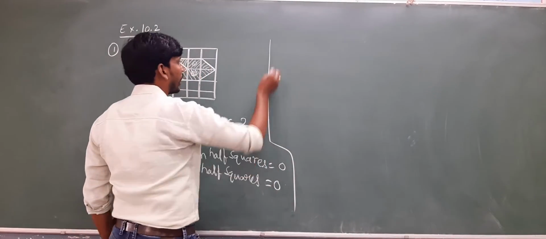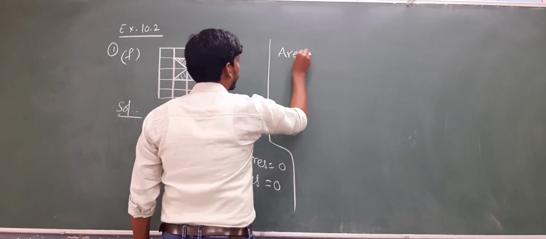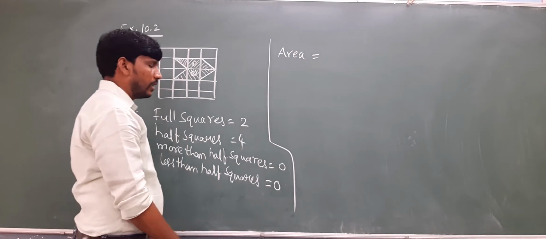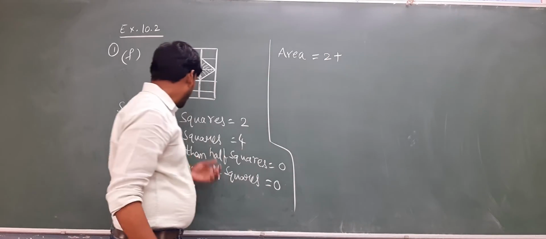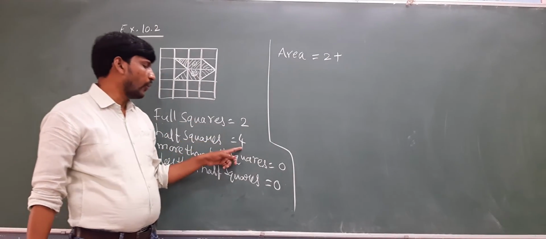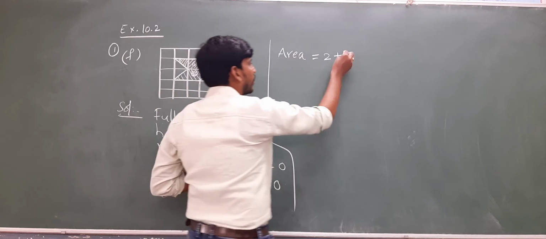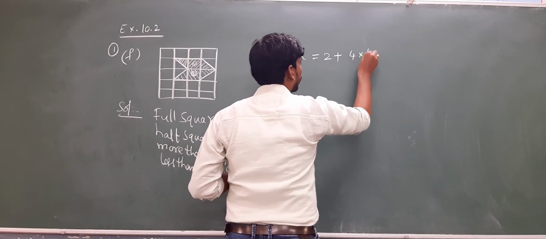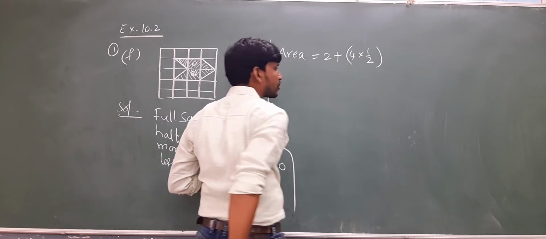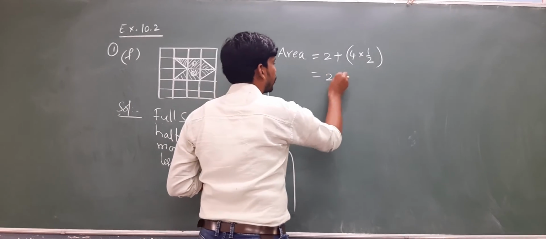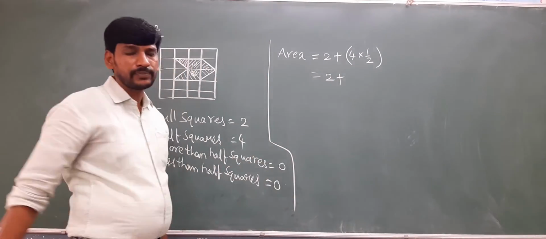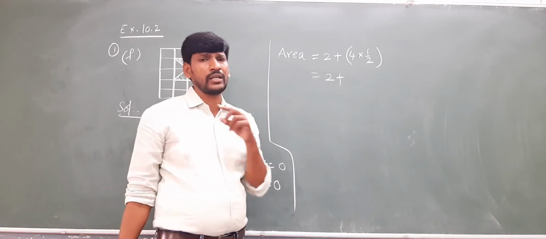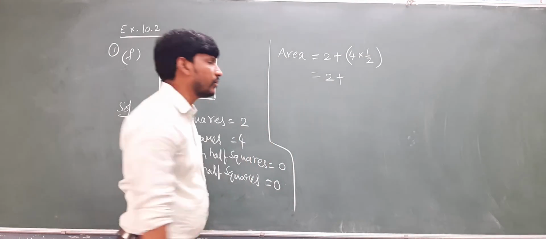Now see this one. Now we need to find the total area. So area is equal to full squares, that is 2, plus the number of half squares. How many are there? 4. Half squares means 4 into 1 by 2. We should multiply those two. Now 2 plus 4 into 1 by 2 is nothing but how much? 4 halves: 2 halves equal 1, again 2 halves equal 1, 1 plus 1 equals 2.